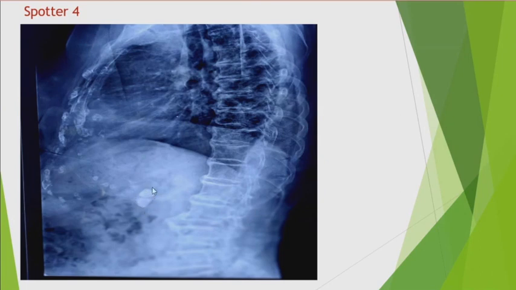For calcified stones, ursodeoxycholic acid does not work. So the indication for medical treatment is when the stone is very small, very few in number, not calcified, provided the gallbladder function is unimpaired and symptoms are very mild. Otherwise, we have to go for surgical treatment. What are the different types of these gallstones? Pigment stones and cholesterol stones.